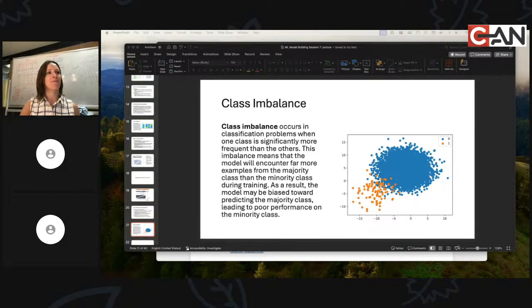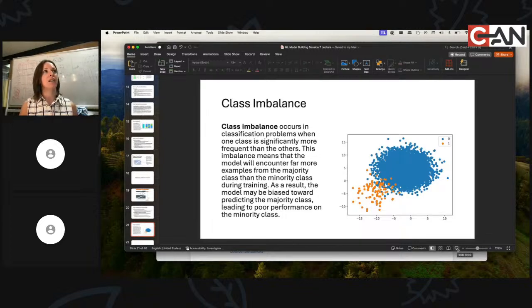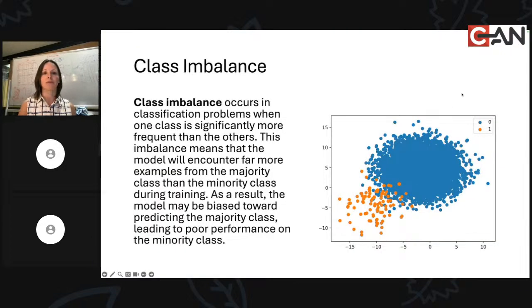But for now, we're going to bring it back to the basics of model building and start with that, which class imbalance is a very, very important concept and oftentimes overlooked and causes catastrophic problems with your training your model and with implementation and production.